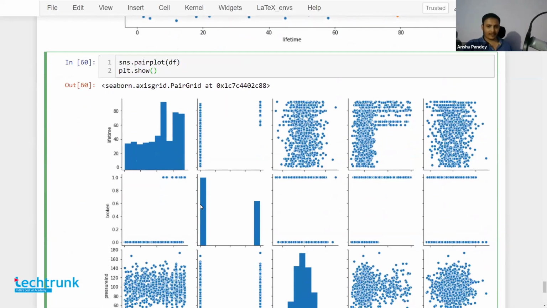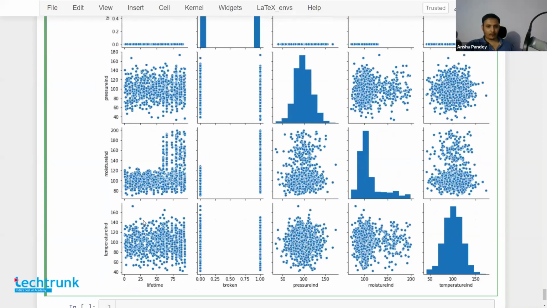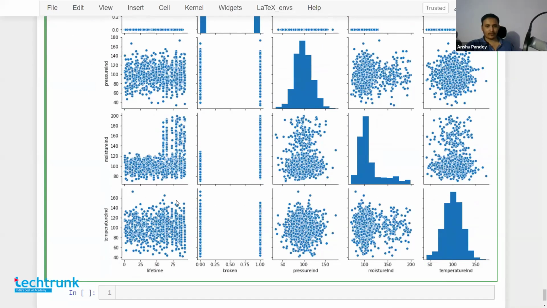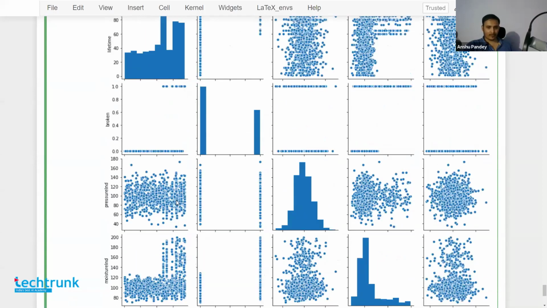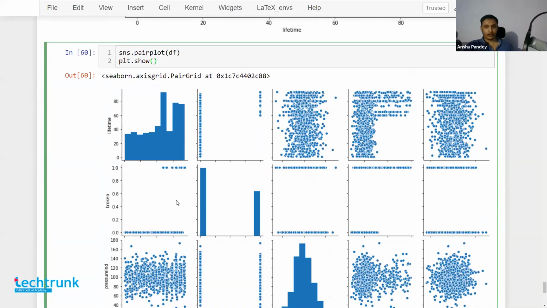The challenge with the pair plot is that it shows smaller graphs, and you have to look at each column versus each column, which becomes a little difficult in some situations. It doesn't show much color. If you want it to show a specific attribute like broken, not broken, in red and blue, that is not there by default.